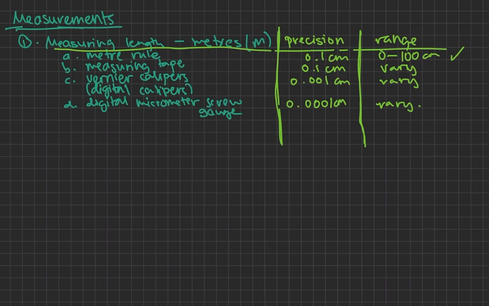It is also worth mentioning about measuring length that you have to pay attention to the parallax error. It's also something in physics that you must know. In order to avoid the parallax error, your eyes must be positioned such that the line of sight is perpendicular to the ruler.